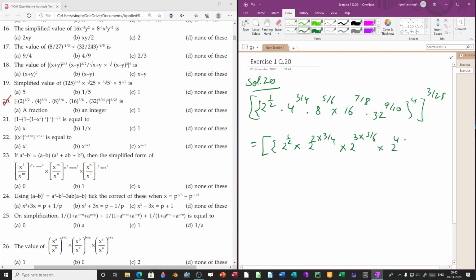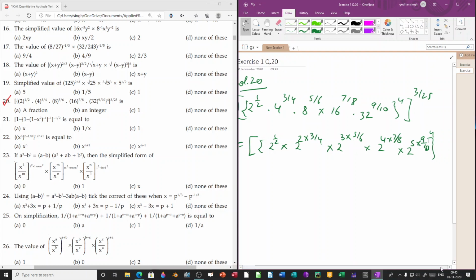So 2 raised to 4 into 7 by 8, and 32 can be written as 2 raised to 5 into 9 by 10, and here we have 4, and then with the power as 3 by 25. So closing the bracket here and putting the most outside index 3 by 25.